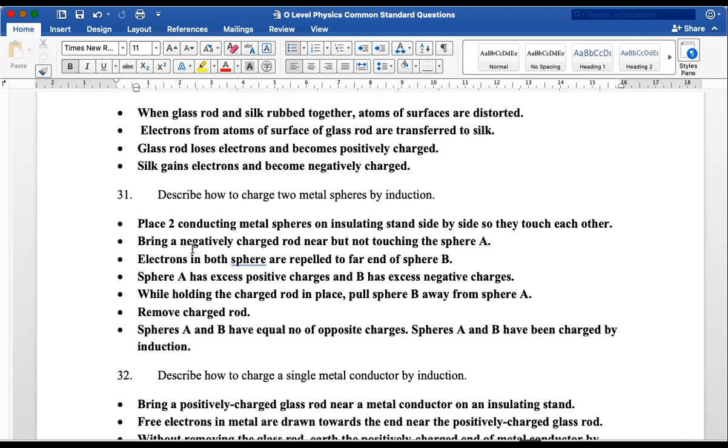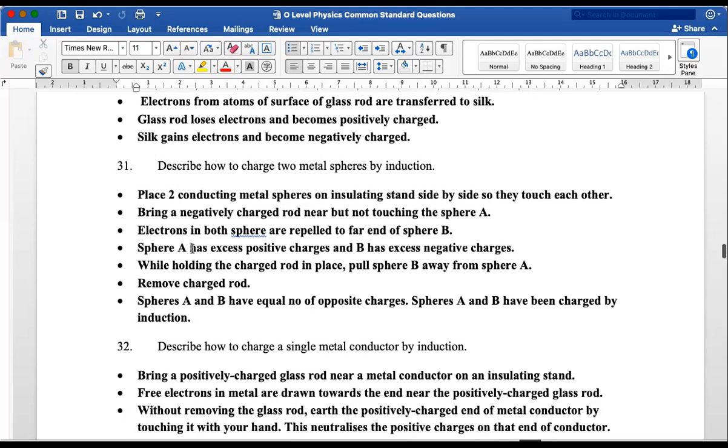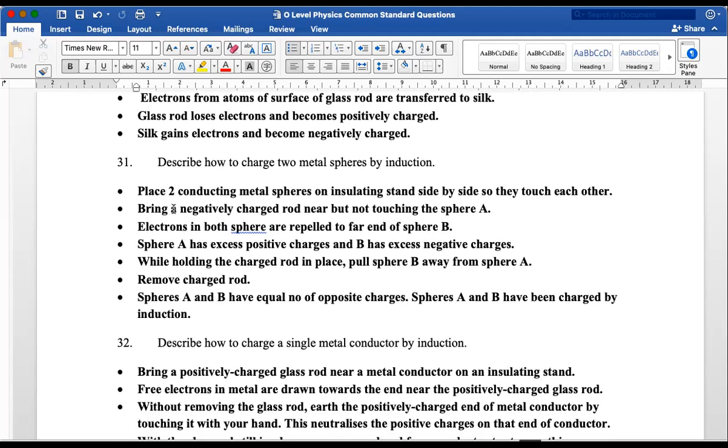Describe how to charge two metal spheres by induction. Place two conducting metal spheres on insulating stand side by side so they touch each other. Bring a negatively charged rod near but not touching sphere A. Electrons in both spheres are repelled to the far end of sphere B. Sphere A has excess positive charges and B has excess negative charges.